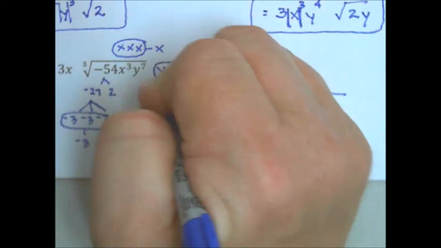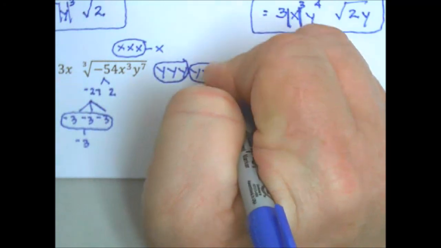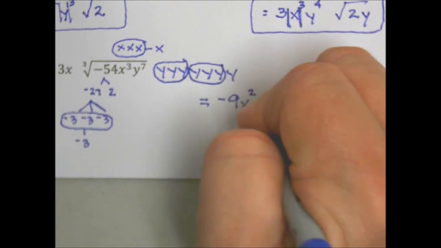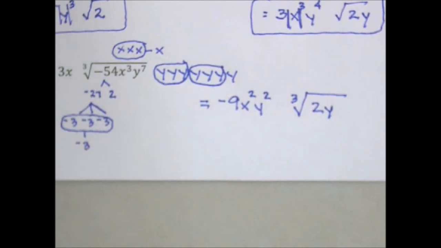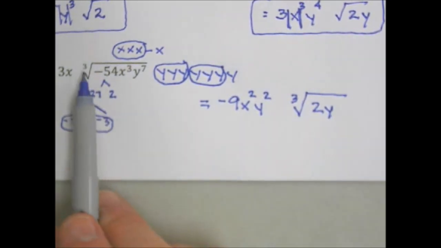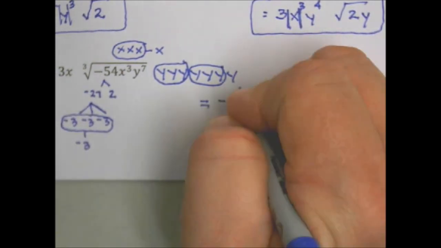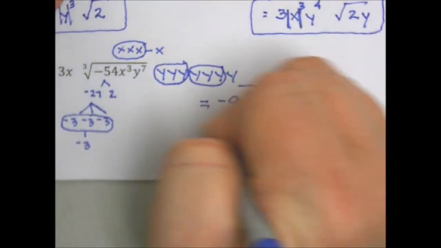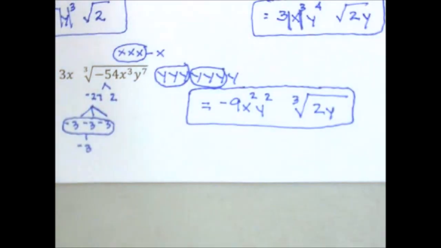Group them up into groups of 3 because that's what cube root means. And here's a y and there's a y, so y squared gets to come out with a y that stays on the inside. And since this was a cube root problem, the index of the radical was odd. I don't need to worry about whether anybody needs absolute values or not. And there's your answer.